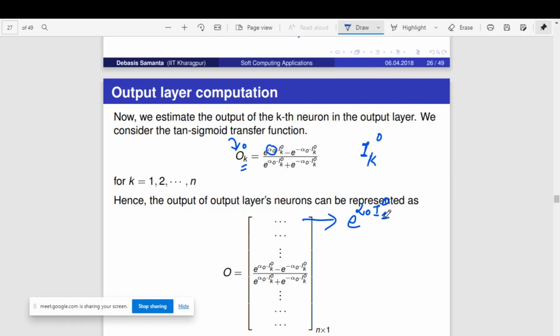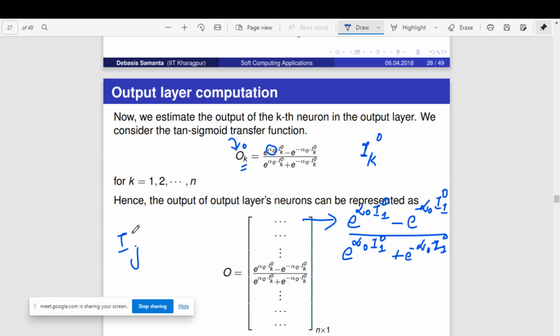So e to the power alpha naught I1^O minus e to the power minus alpha naught I1^O, and similarly, divided by e to the power alpha naught I1^O plus e to the power minus alpha naught I1^O.